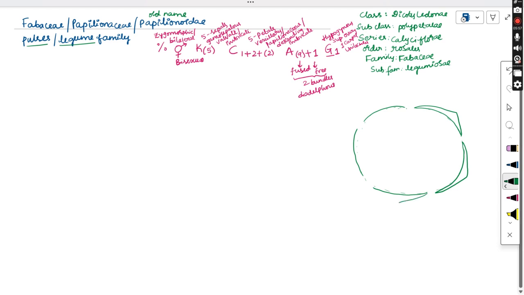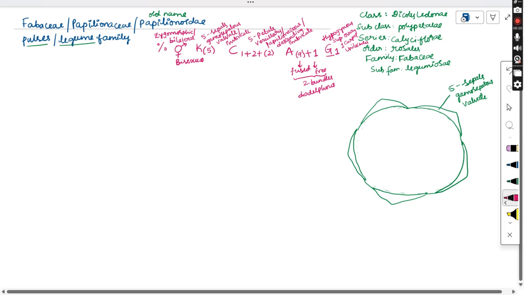All these 5 sepals are in fused condition, so we connect all the 5 sepals. What type of estivation? All the margins are facing each other. They are not overlapping, but they are fused. That's why they are gamosepalous. Either valvate estivation can be seen, or sometimes imbricate estivation can also be observed.